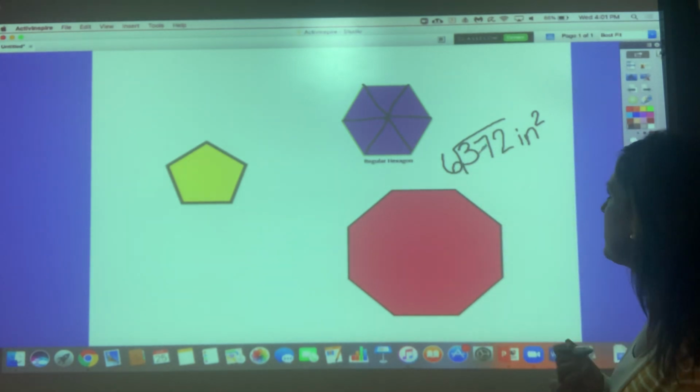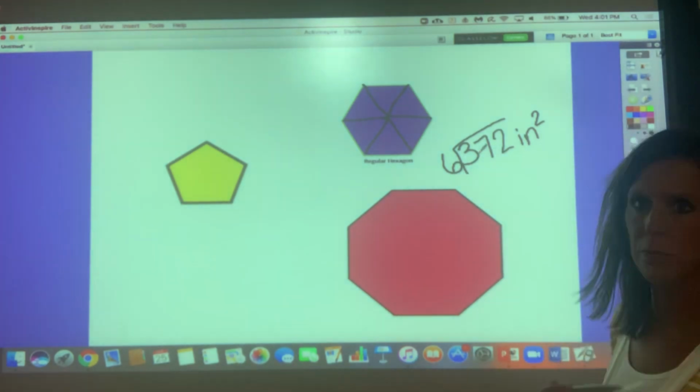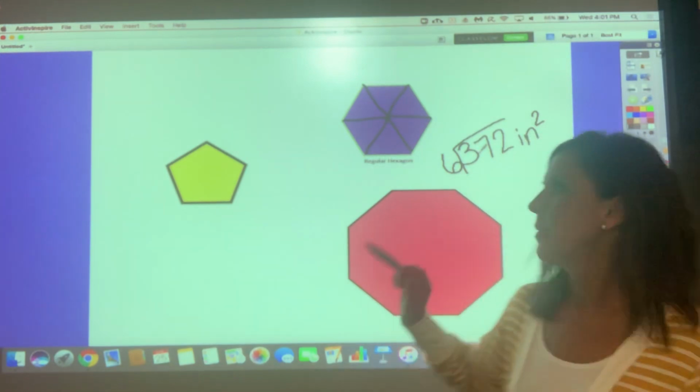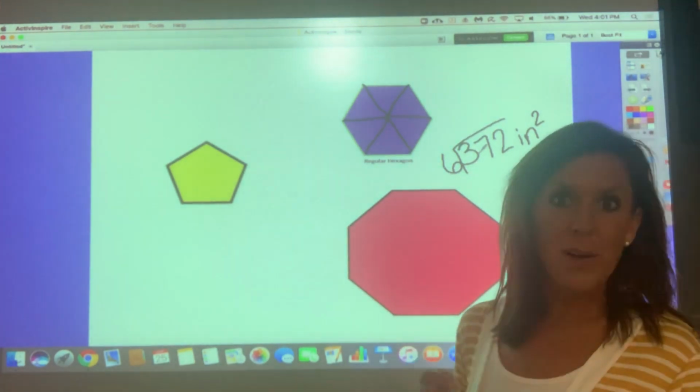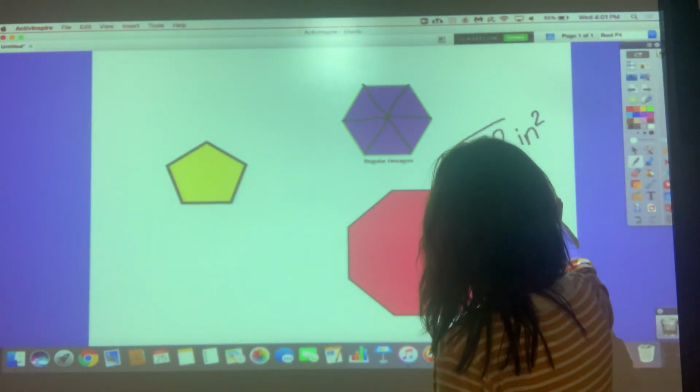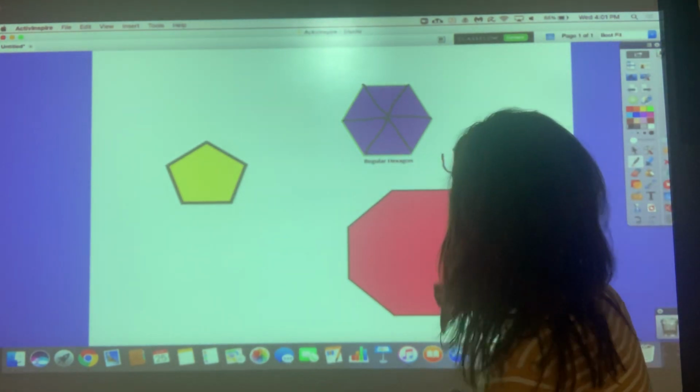So first of all, let's see what that would be. 6 into 372, let's see what the area of each little triangle would be. Hopefully you got 62. 62 for each of the little triangles here.